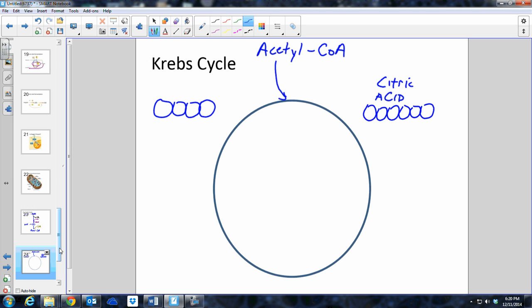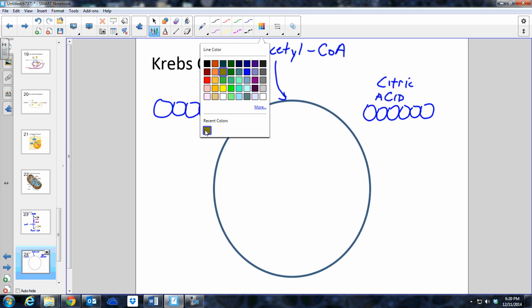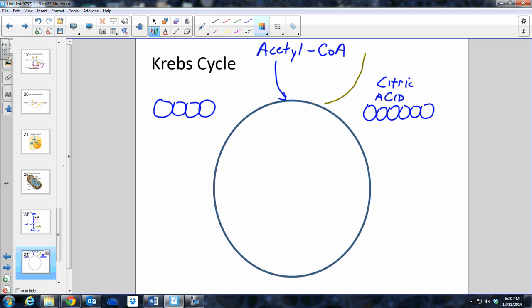So the 2-carbon acetyl is joined to the 4-carbon molecule with the help of coenzyme A. Now coenzyme A is free to go back and pick up some more acetyl, which is its lot in life. All right, so we have 6 carbons, 2 of which were added to the party, and we need to end up with 4. And so those 2 carbons that are extra, we're going to lose.